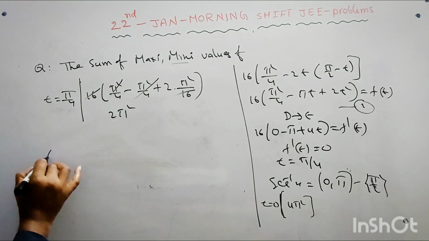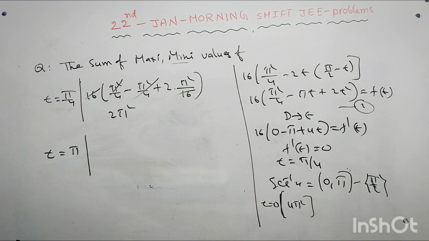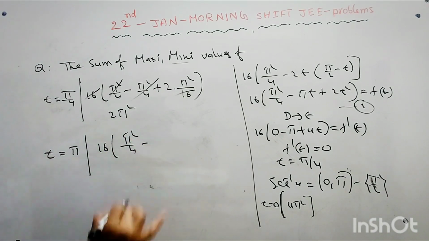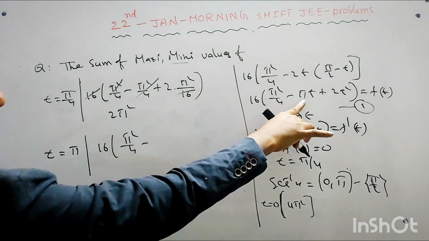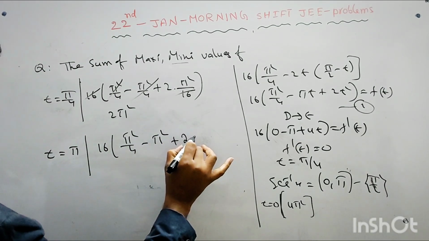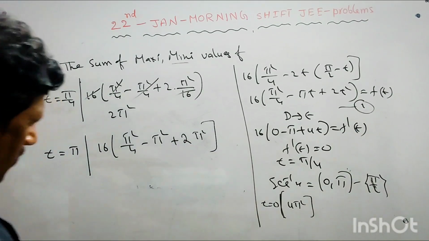Okay, now you take t value pi, this last value, t value pi in 1. That means 16 times of pi square by 4 minus, if you take pi, this is pi into pi square plus 2 into pi square, like this will come.